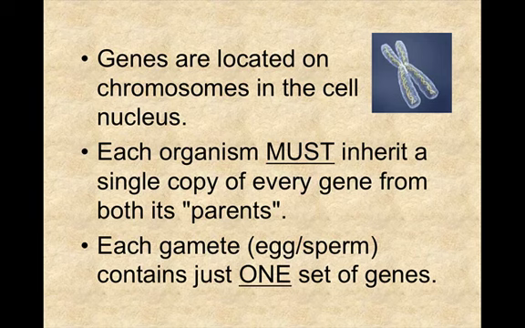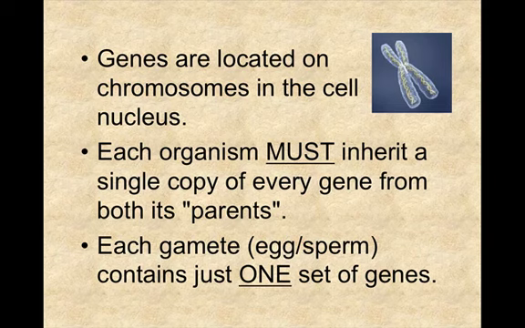This is a review, and each organism must inherit a single copy of every gene from both of its parents, which means you get half from your mom and half from your dad. Each gamete, and if you remember, a gamete is an egg or a sperm, contains just one set of genes.